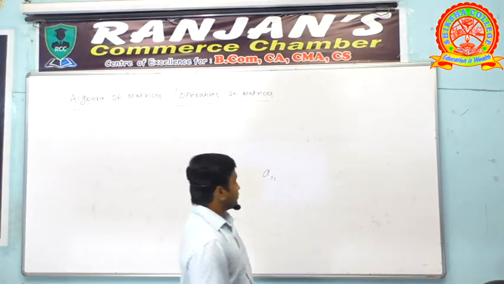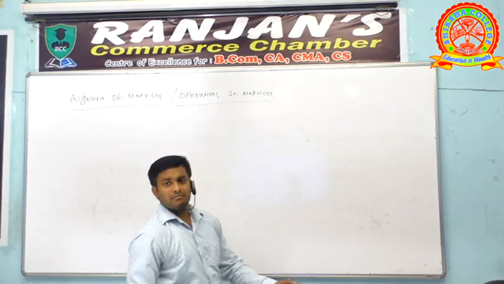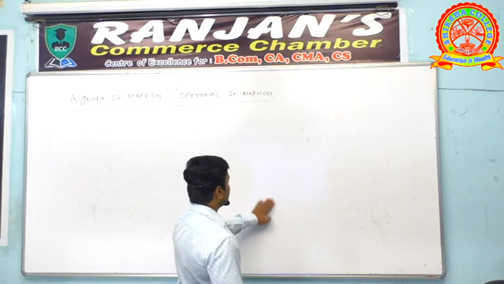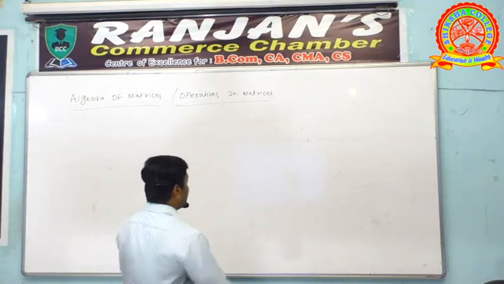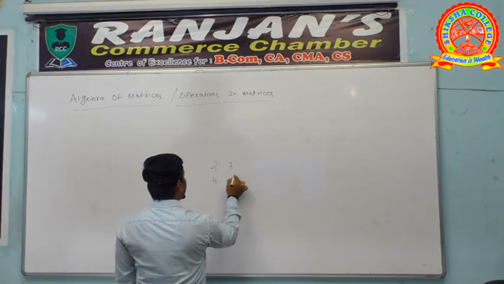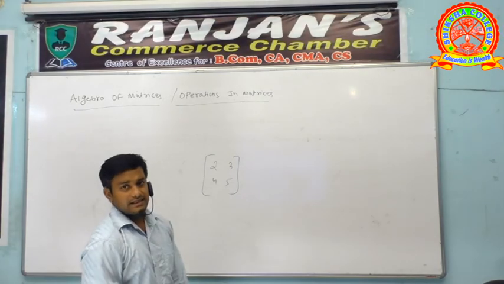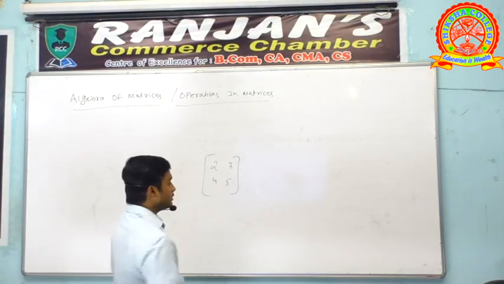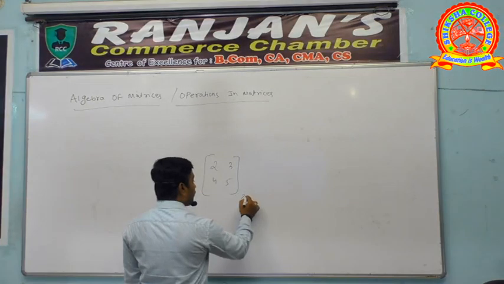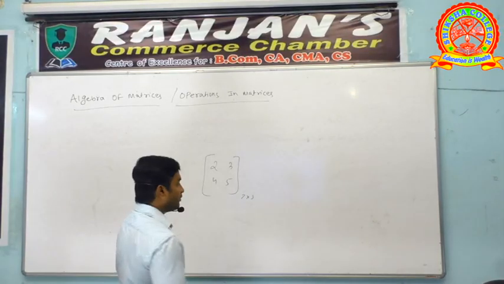Okay, so now I am again giving a quick recap of the previous class, that is, what is order. As we say, if 2, 3, 4, 5 is a matrix, what is the order of this matrix? As I said, the order is the number of rows into the number of columns.